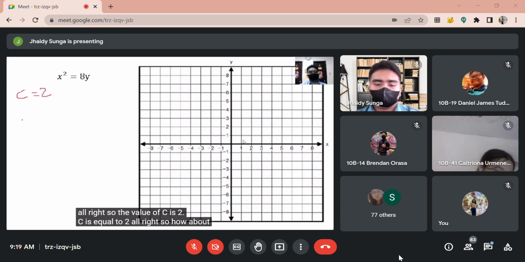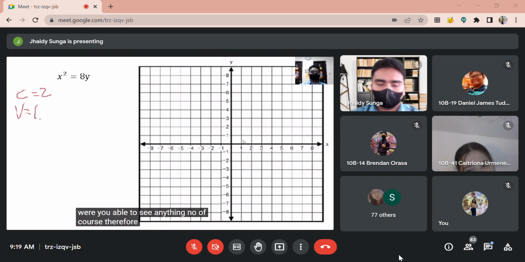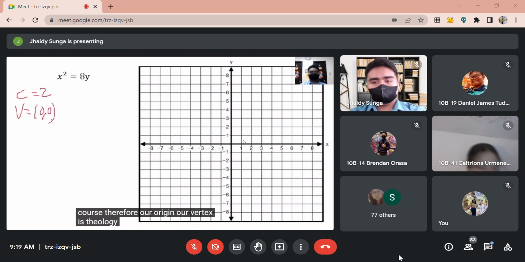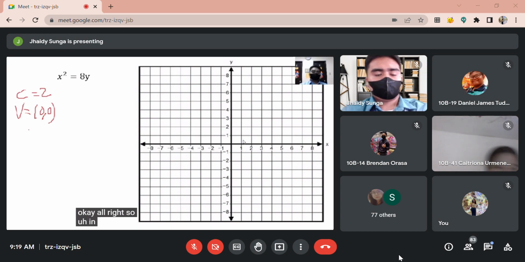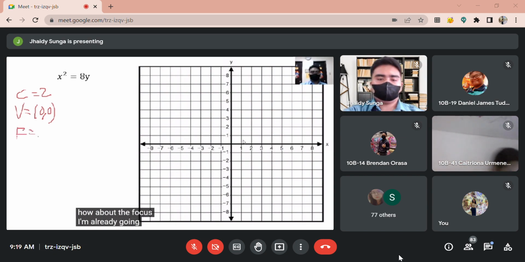So how about the vertex? Did you see any values of h and k? Were you able to see anything? No, of course. Therefore, our vertex is at the origin. How about the focus? How are we going to find the focus?